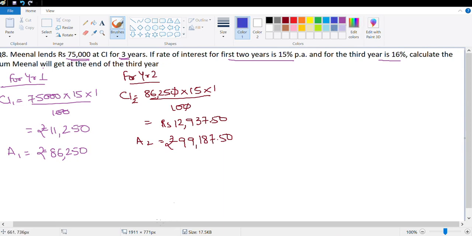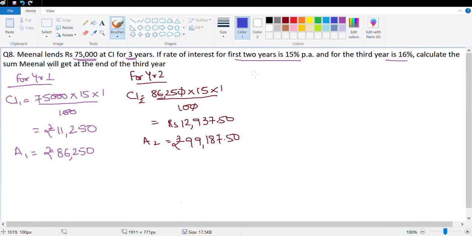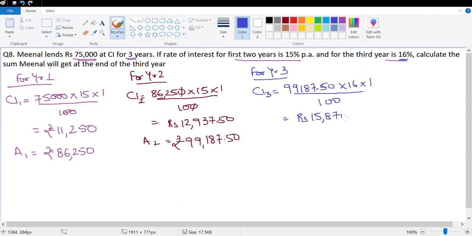Let's do the calculation for third year now. For year 3, compound interest for third year would be equal to principal, which is 99,187.50, multiplied with the rate for third year, which is 16% into 1 upon 100. Let's do this calculation. Multiplied with 16 divided by 100, and the value is rupees 15,870.